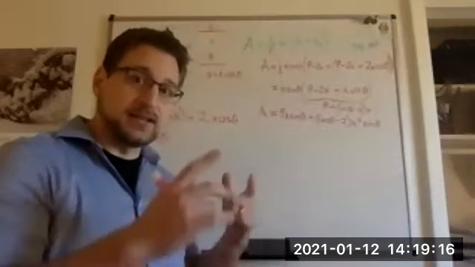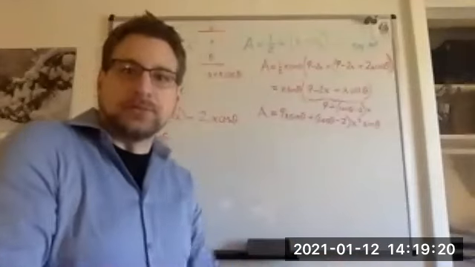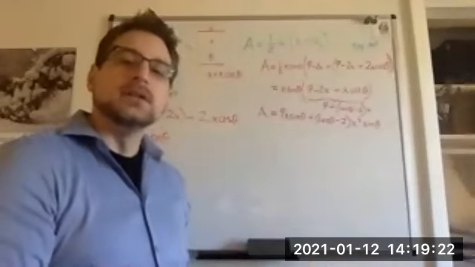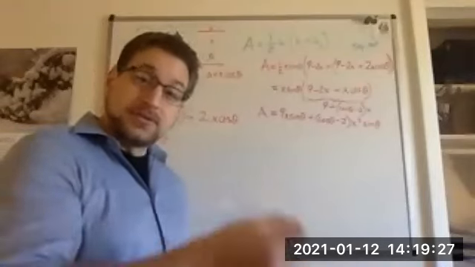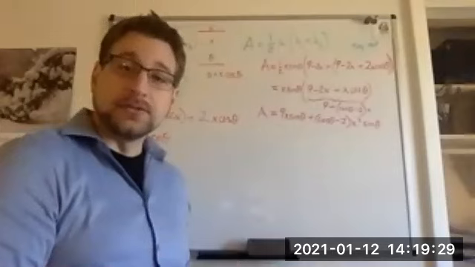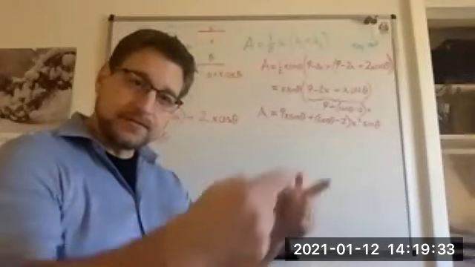Because if it isn't, then the area has room to increase along whichever one it isn't a maximum for. So let's take the partial derivative with respect to theta and the partial derivative with respect to x and set both equal to 0.